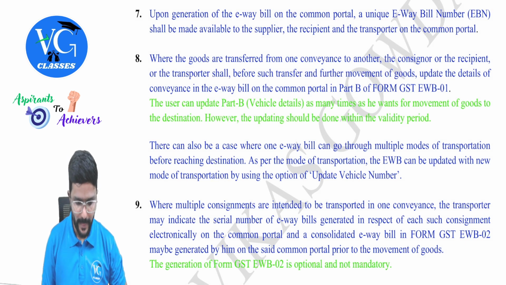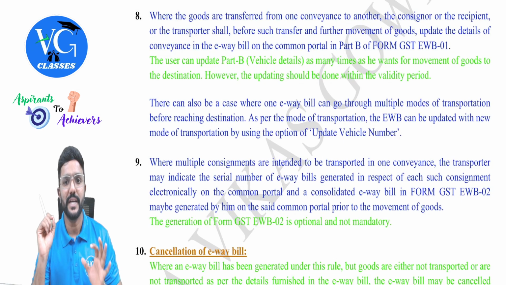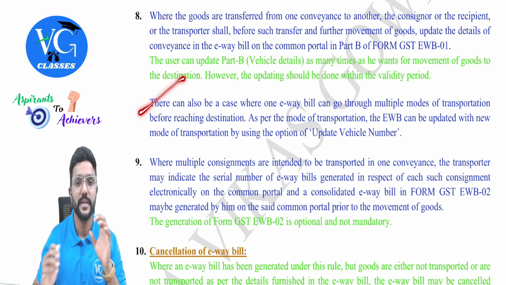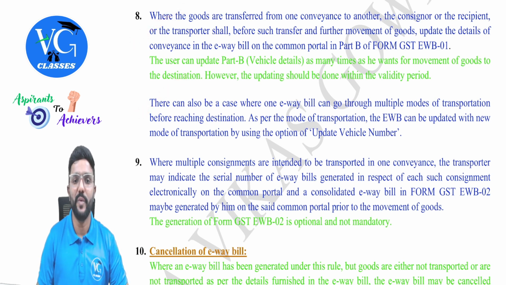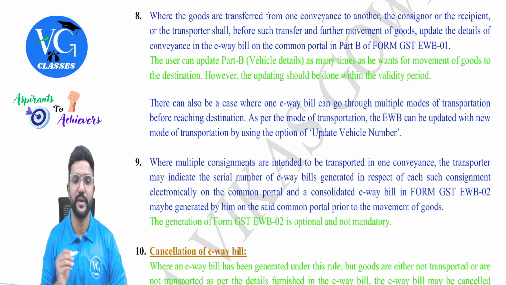Okay, sir. Next. Where the goods are transferred from one conveyance to another, okay, this is done. Next. There can also be a case where one e-way bill can go through multiple modes of transportation before reaching the destination.